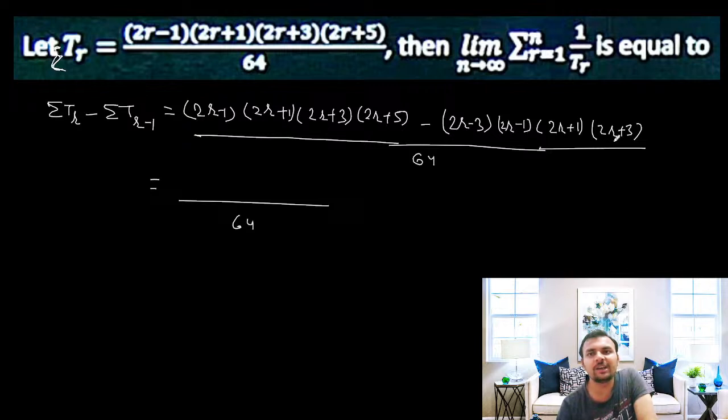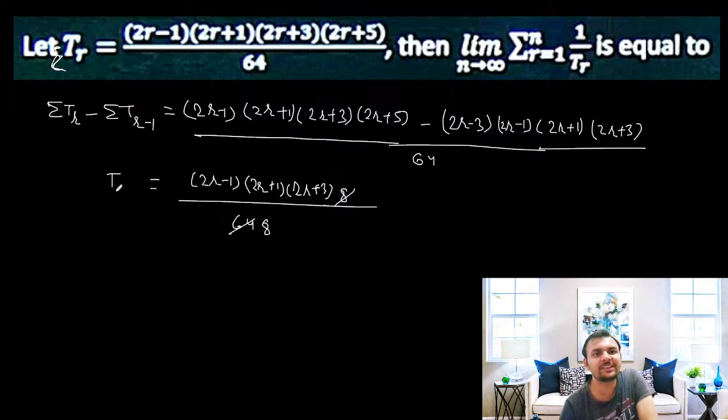So we have 2r minus 1, 2r plus 1, 2r plus 3 and 2r plus 5 minus 2r plus 3, which is 8. So 8 by 8. Now this is nothing but tr. Okay.